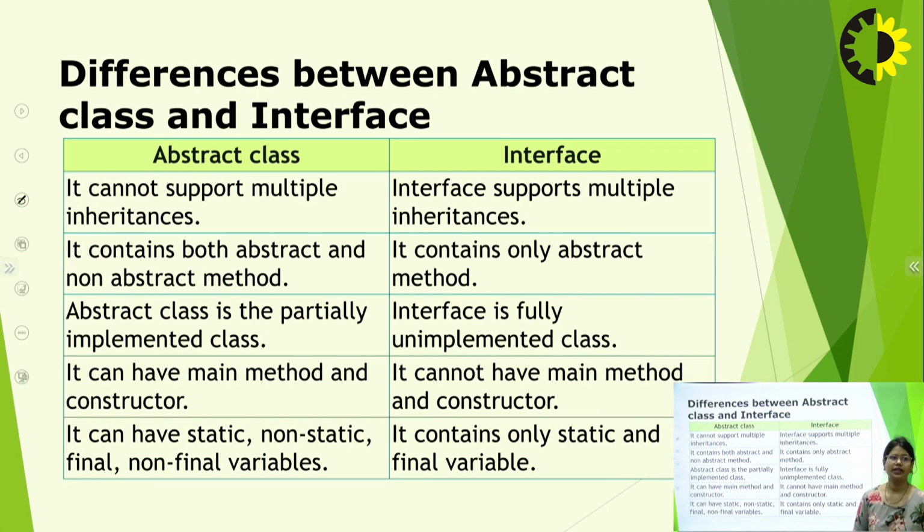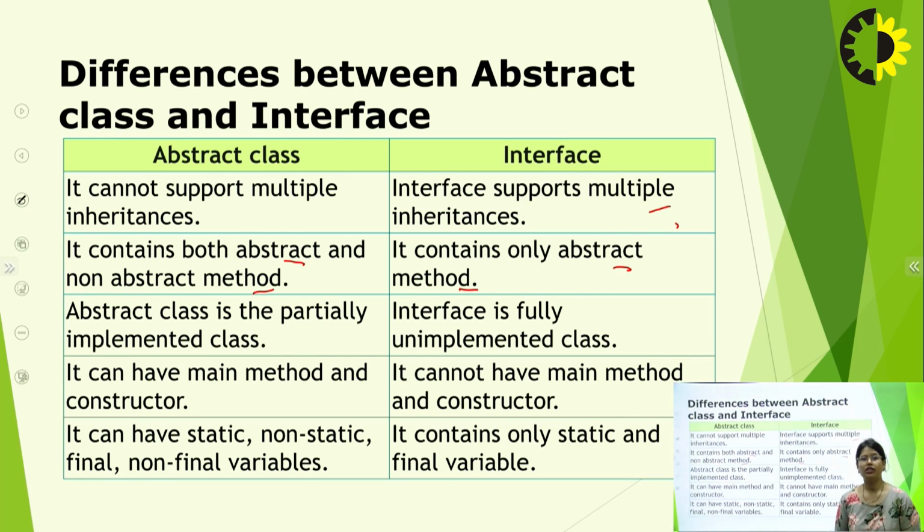An abstract class doesn't support multiple inheritance, as it also contains non-abstract methods, whereas an interface can support multiple inheritance because it contains only abstract methods. The second point is that an abstract class contains both abstract and non-abstract methods, and an interface contains only abstract methods. The third point is that an abstract class is partially implemented and an interface is a fully unimplemented class.